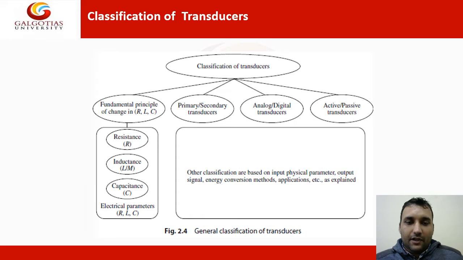So according to the physical principle of change, that is resistance, inductance and capacitance, the electrical parameters RLC. Other classifications are primary and secondary transducers, analog and digital transducers, and active and passive transducers. These are the general classifications for transducers.